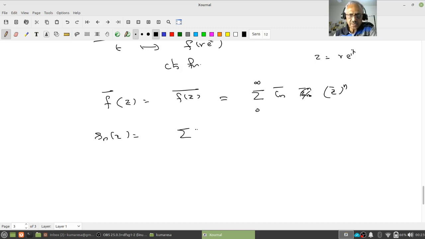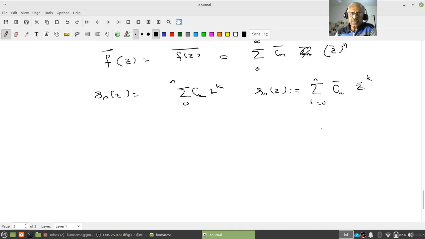Sn of z is the sum of ck z power k, 0 to n. Therefore, this is a finite number of complex numbers. Therefore, the complex conjugate is the complex conjugate of each of the terms. But each term is a product of two complex numbers. Therefore, their complex conjugate is the product of the complex conjugates. Therefore, I have the sum of ck bar z bar power k, k equal to 0 to n.